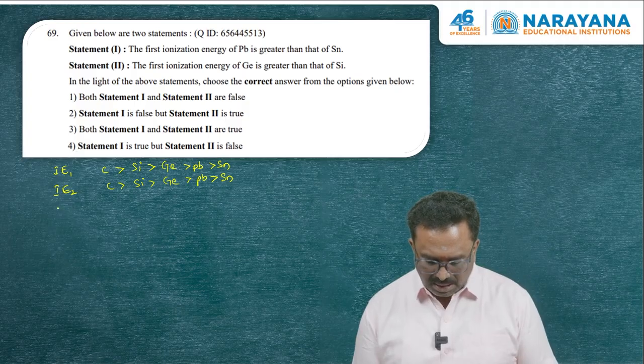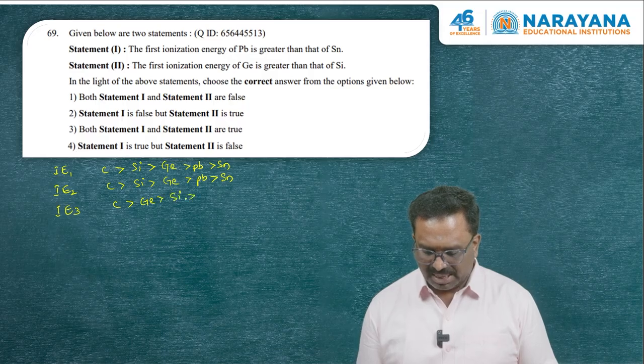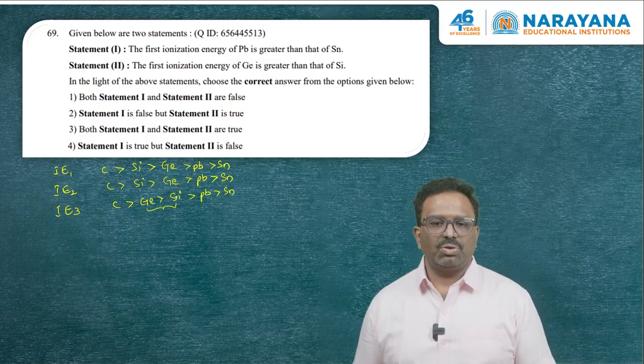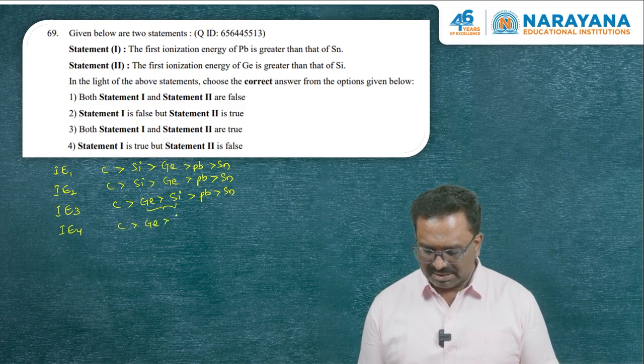Not only that, in IE3 you can identify a slight variation in the order of ionization enthalpies. And for the fourth ionization enthalpy, carbon, germanium, silicon, and again lead and tin.